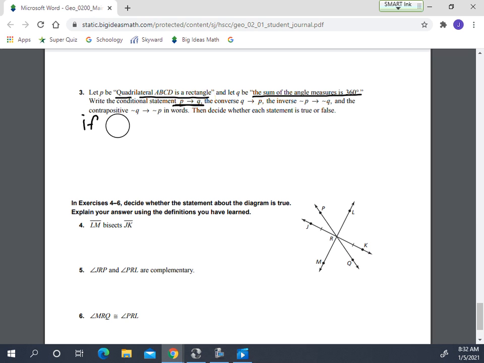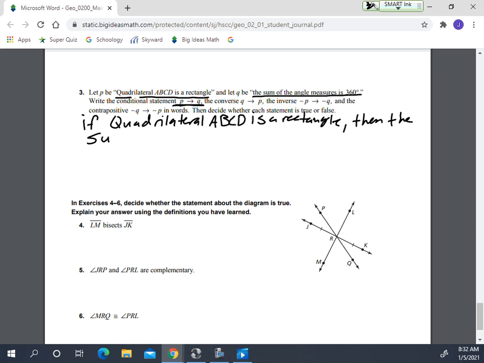If quadrilateral ABCD is a rectangle, then the sum of the angle measures is 360 degrees.